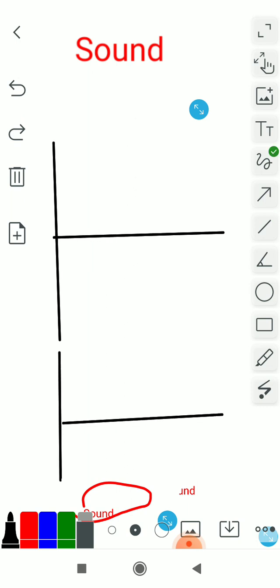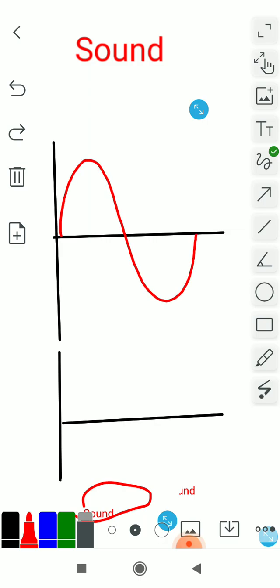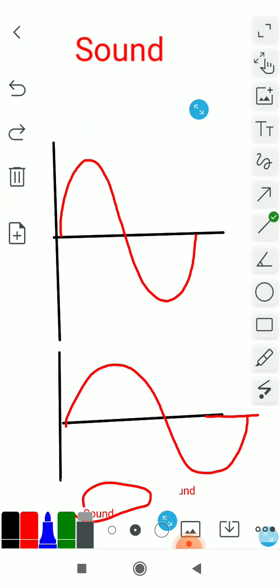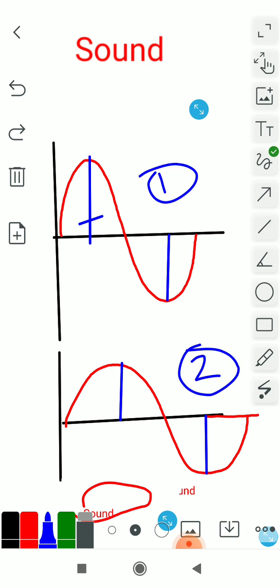Observe the maximum displacement in each. For case 1, the maximum displacement is greater than in case 2, where the maximum displacement is less in comparison with case 1.